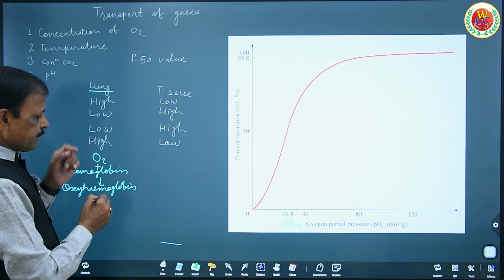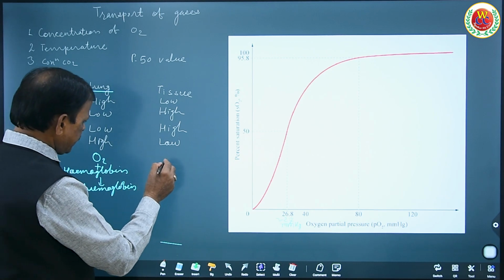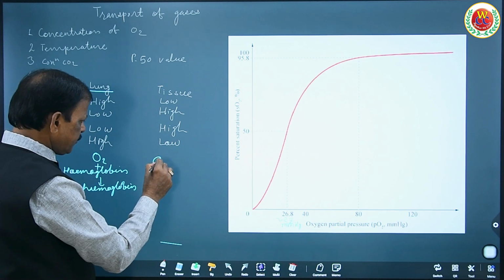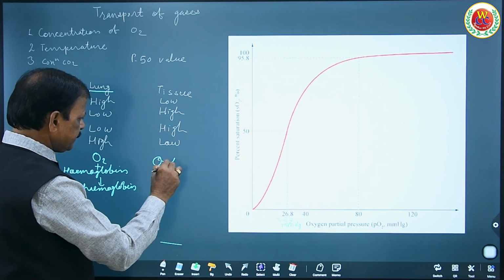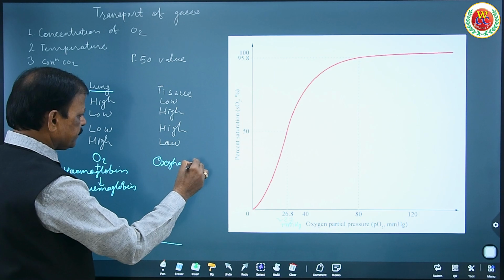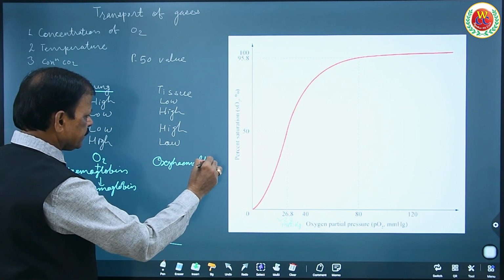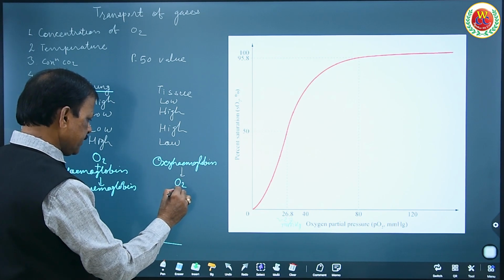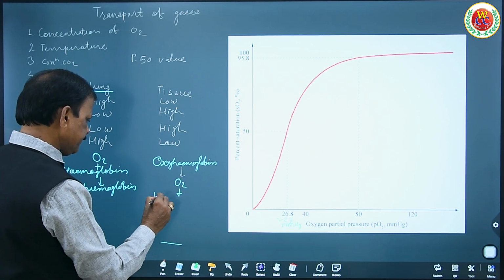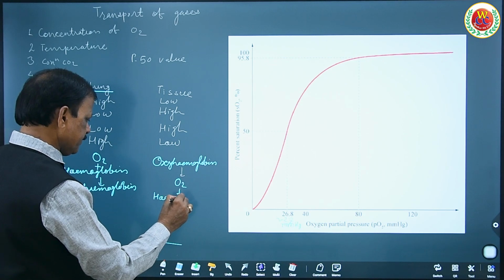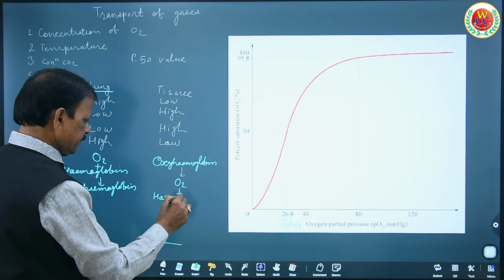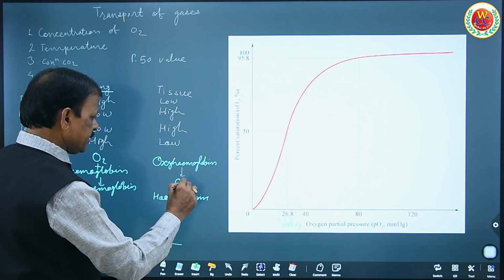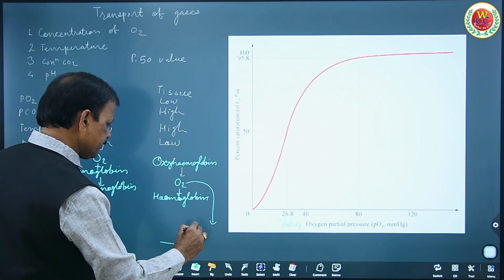Because of the condition present at the site of tissue, oxyhemoglobin gets dissociated into O2 plus hemoglobin. That means this oxygen is delivered to the tissue.